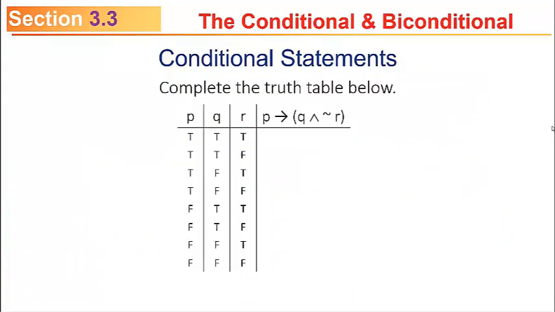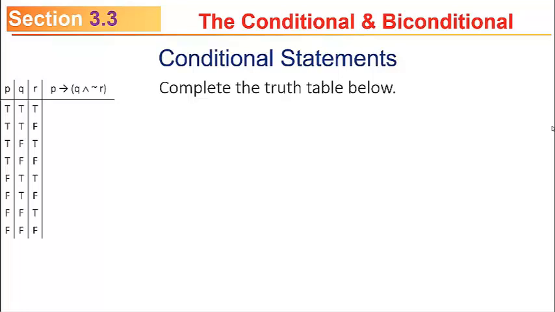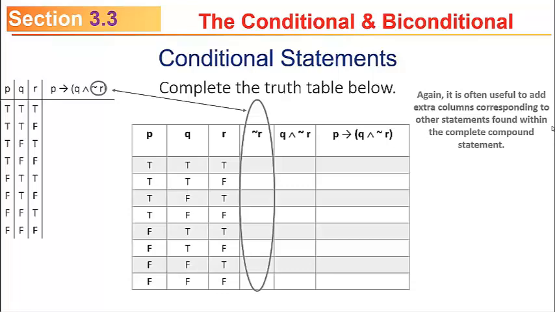Now let's play around with this implication and the conditional notation and do a truth table that involves that. First of all, I like to add intermediate columns. So I'm going to push that off to the side and build my own table where I have intermediate columns. We've talked about this in earlier sections. If you look at the pieces, there's a not R piece of this compound statement, so I'll make a not R column.